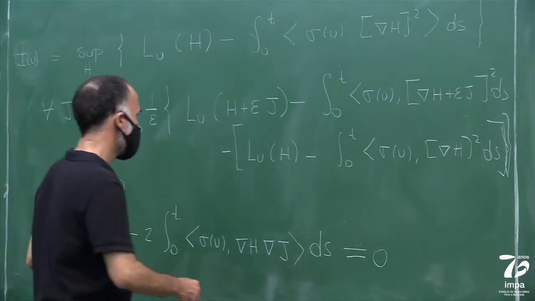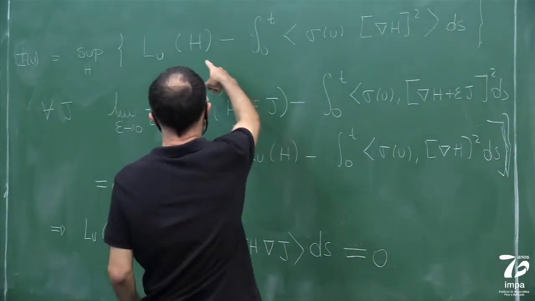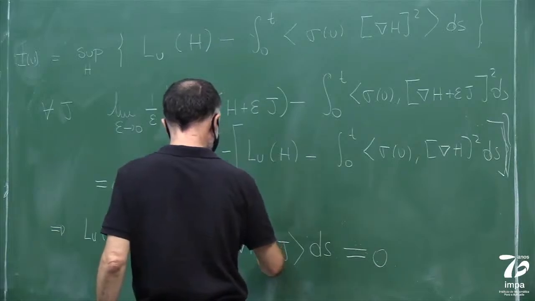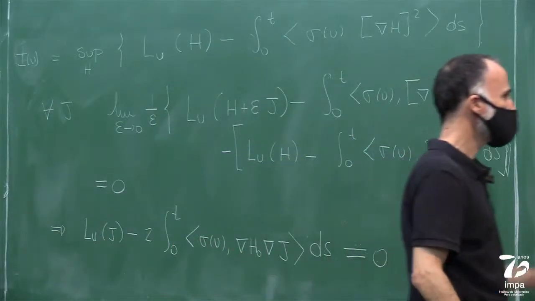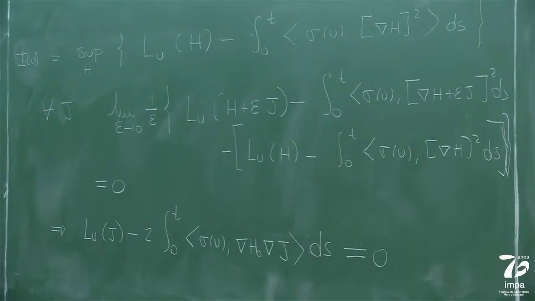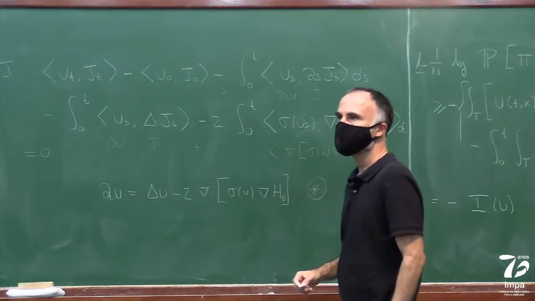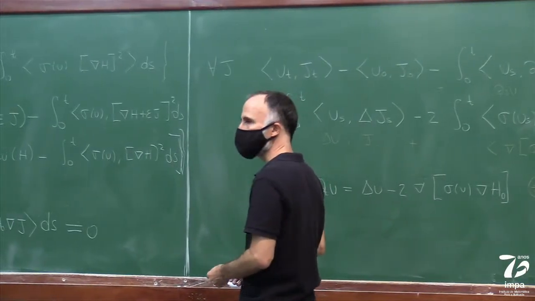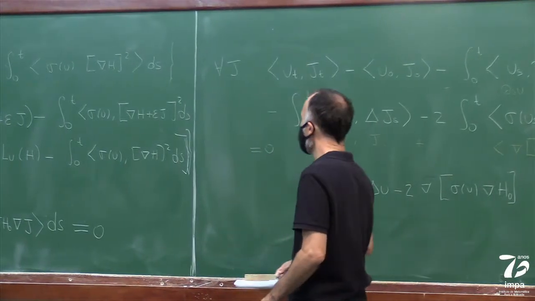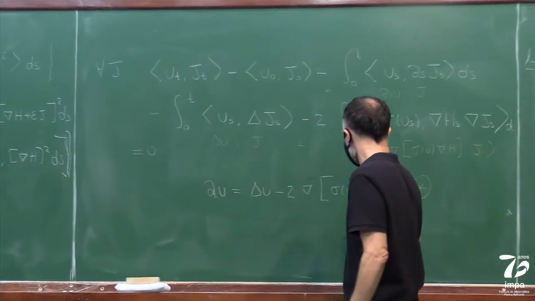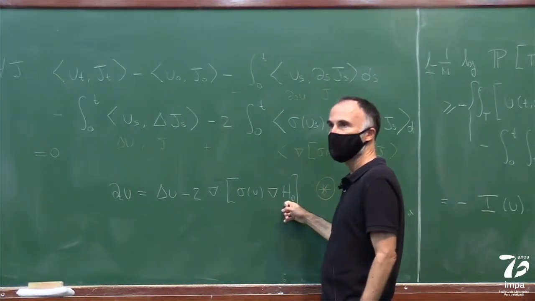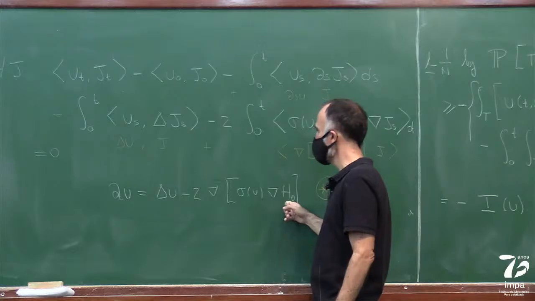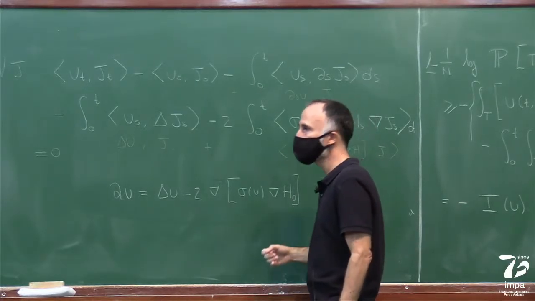To distinguish between this h and that h, let me call this h0. So h0 is the solution of this equation. Okay? So if you fix u, I obtain the h which maximizes, which is the solution of this equation.